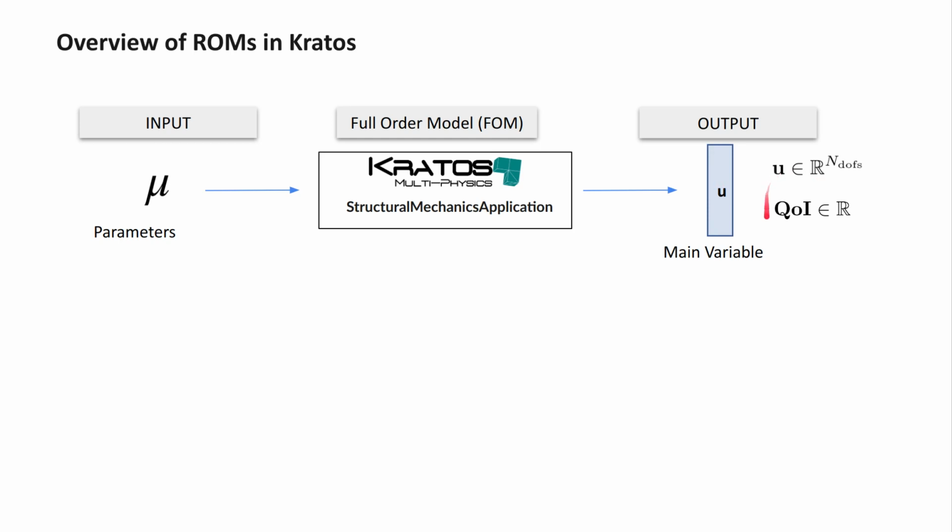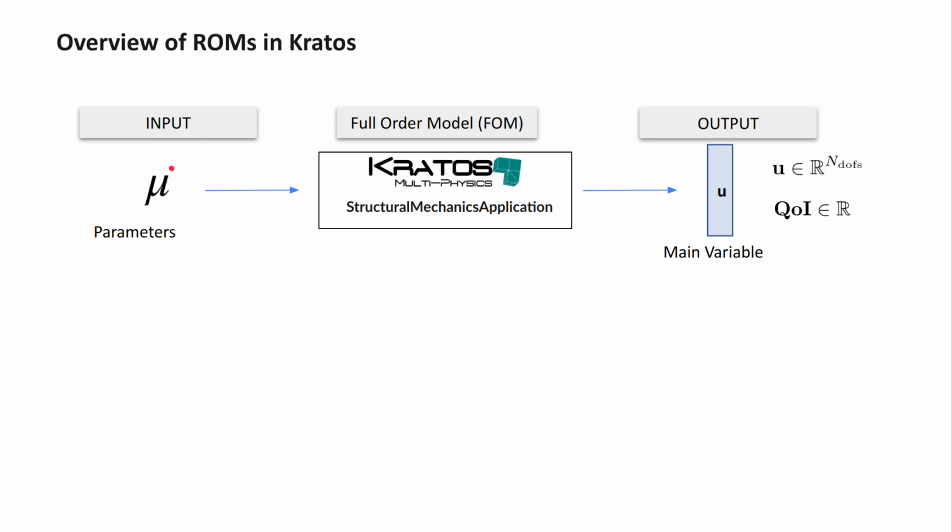One might also be interested in a quantity of interest that is computed by the simulation, and that, for example, can be in this case a scalar. We are interested then in knowing how either the complete solution field or a quantity of interest change given changes in these parameters mu.